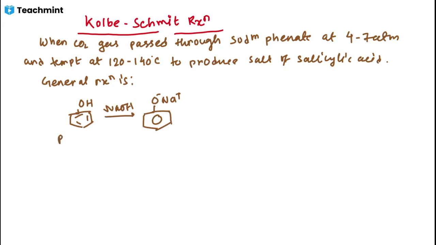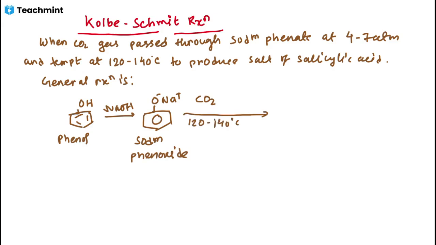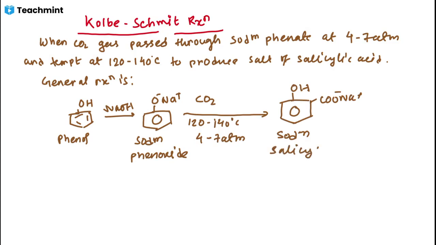When sodium phenoxide reacts with carbon dioxide at 120 to 140 degrees centigrade temperature and 4 to 7 atm pressure, we get sodium salicylate. This one is called sodium salicylate.